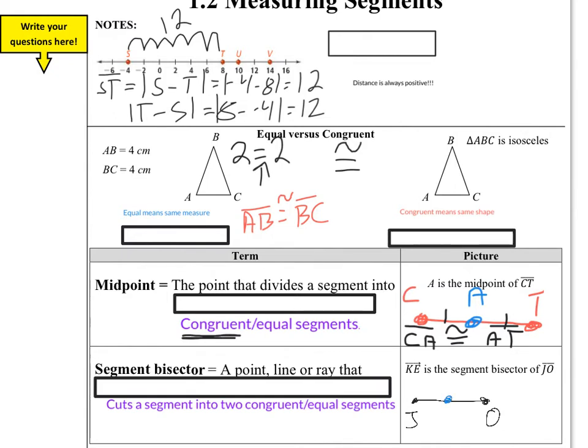There are several different ways to draw this, but we're just going to say that this point is K, that's going to be the endpoint of the ray, and the ray goes in the direction of E. So now we have ray KE is the segment bisector, meaning it cuts segment JO into two congruent pieces. So for our picture, we would draw these little hash marks to show that they're congruent, and again that would mean that JK is congruent to KO.